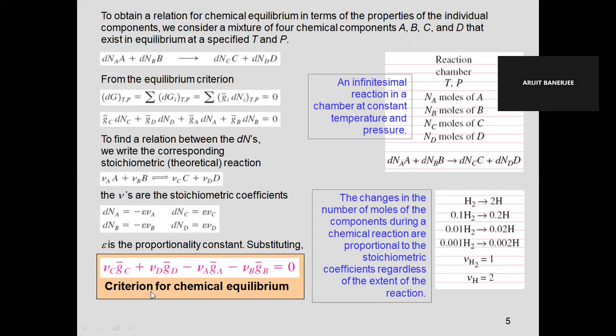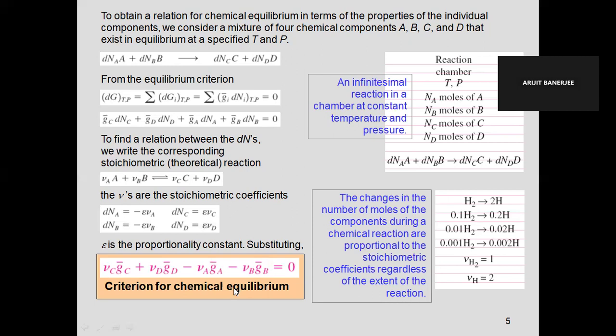Remember that this is for this sample reaction only. The main equilibrium criterion was written here. This is the chemical equilibrium criterion, the most general one. That is the mathematical form. Only for this sample reaction we have expanded this, and this is the one written in pink. Okay, so that was done.